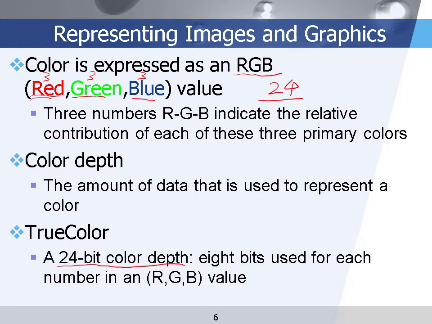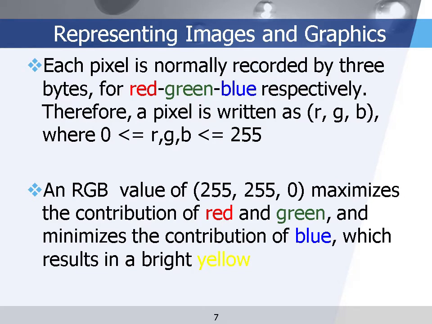If we have 8 bits to represent one primary color, that color can have 256 different values. So if we use true color, each primary color can have 256 different values, which means the value will be between 0 and 255. 0 means no color, and 255 means the full color.